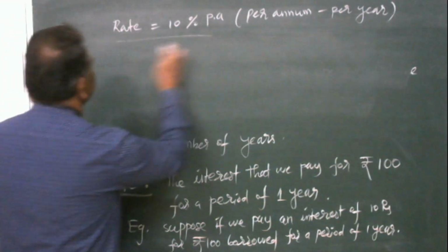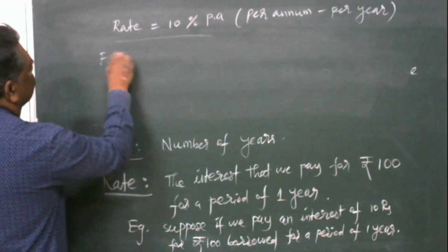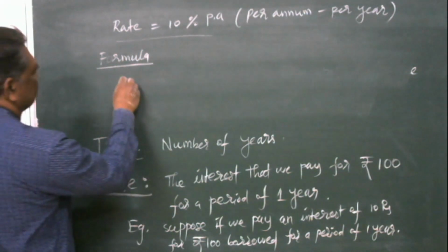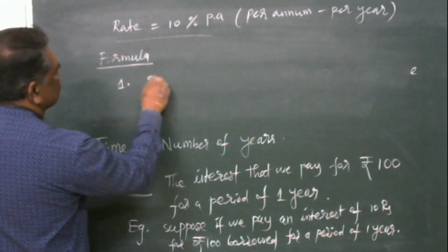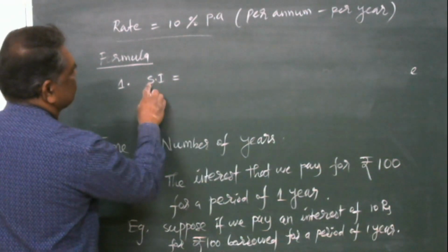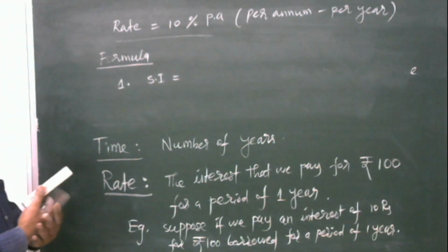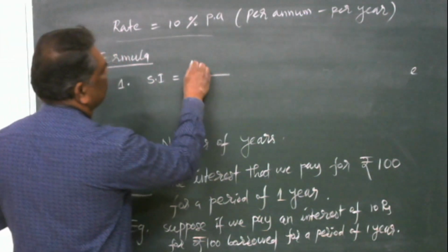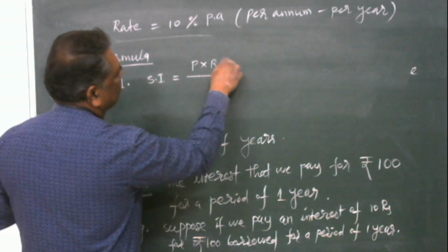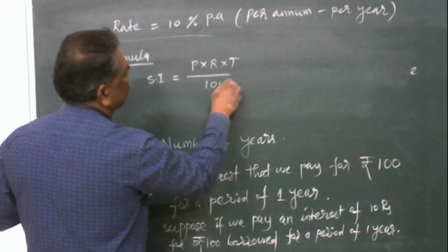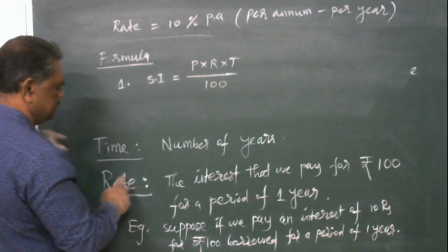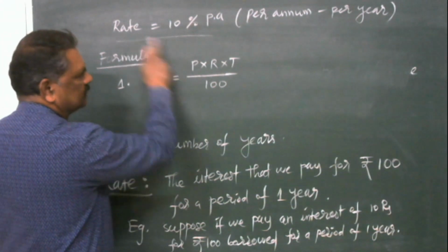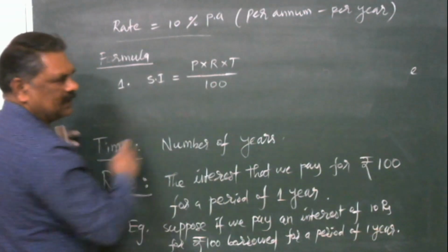Now we have a simple formula to find interest. First formula is simple interest, SI, which is given by P into R into T by 100. P is principal, the money borrowed, R is the rate, T is the time.